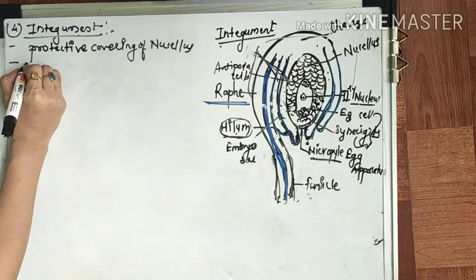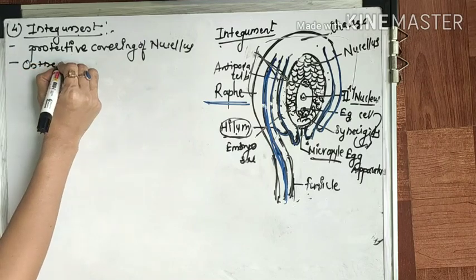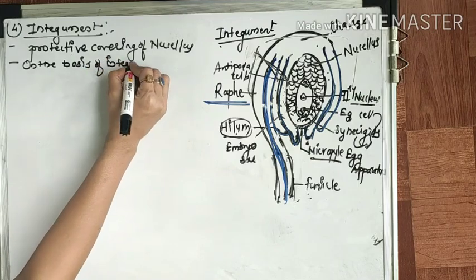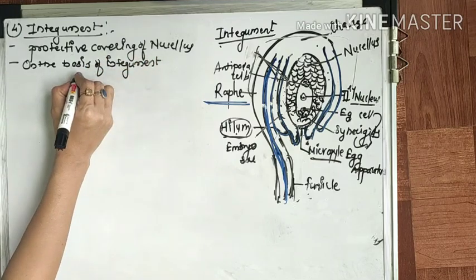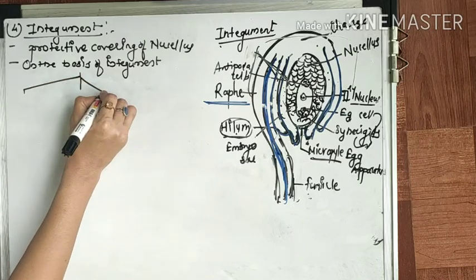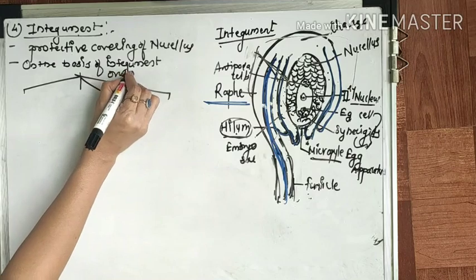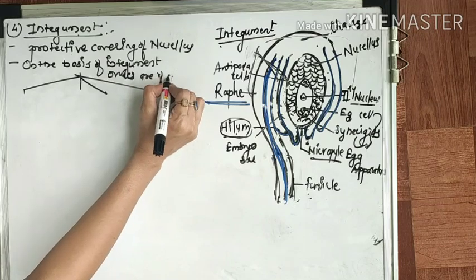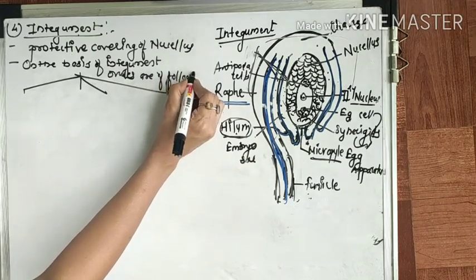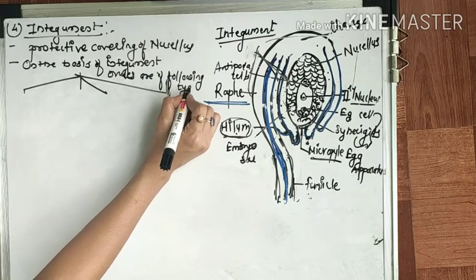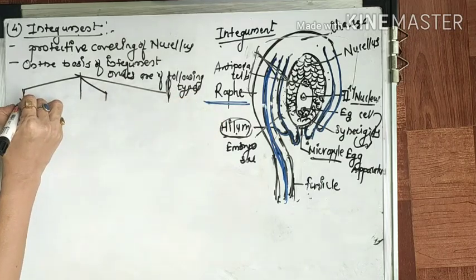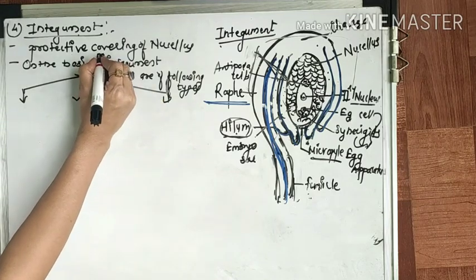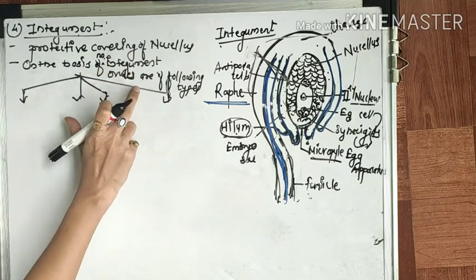On the basis of the number of integuments, ovules are of the following types.